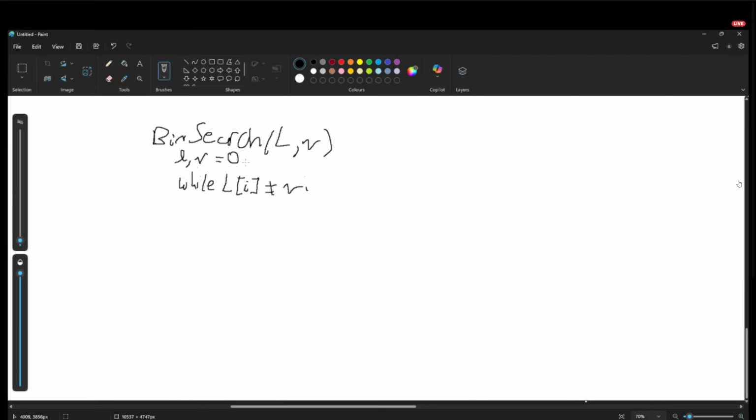They're 0 and n minus 1 respectively, where n is the size of the list. Then this while loop will execute. I think there are if statements based on whether it's less than V or more than V, and in this case, the left pointer gets shifted.